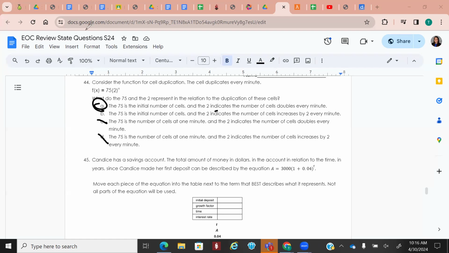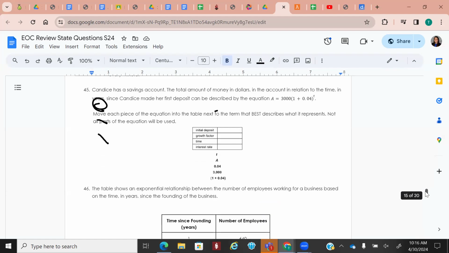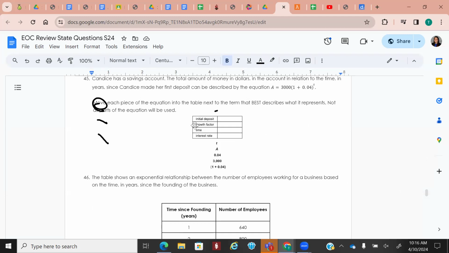All right, 45. Candace has a savings account. Total amount of money in dollars in the account in relation to the time in years since Candace made her first deposit can be described as this equation. Move each piece of the equation into the table that best describes it. So which one is the initial amount? Yep.